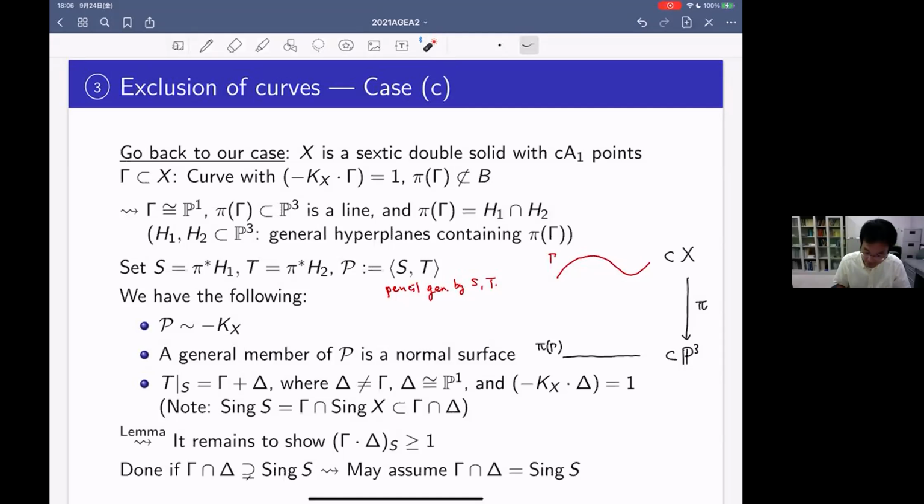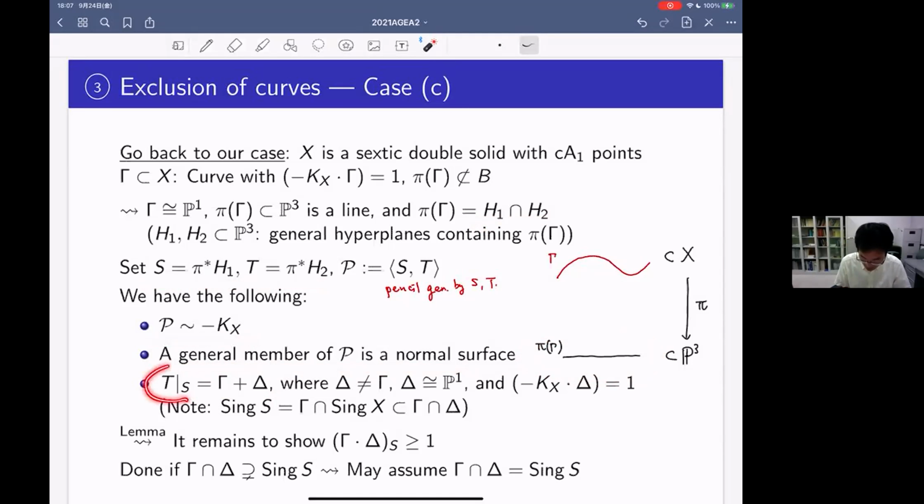Okay. Then we have the following. This is clearly linearly equivalent to minus KX. And we can show, it's not difficult, that a general member is a normal surface. And finally, the restriction of these two divisors: the intersection of H1 and H2 is just this line.